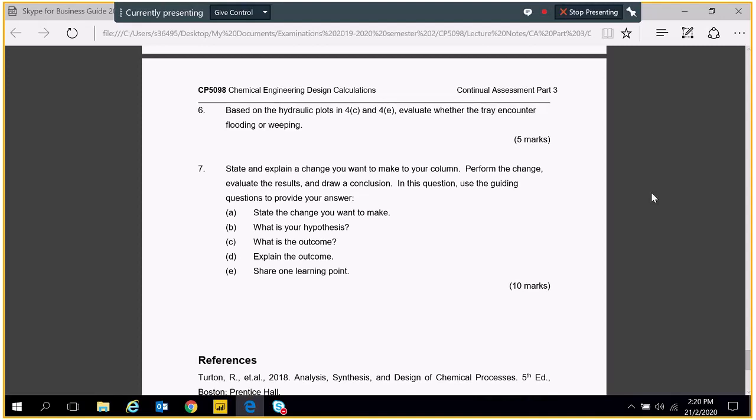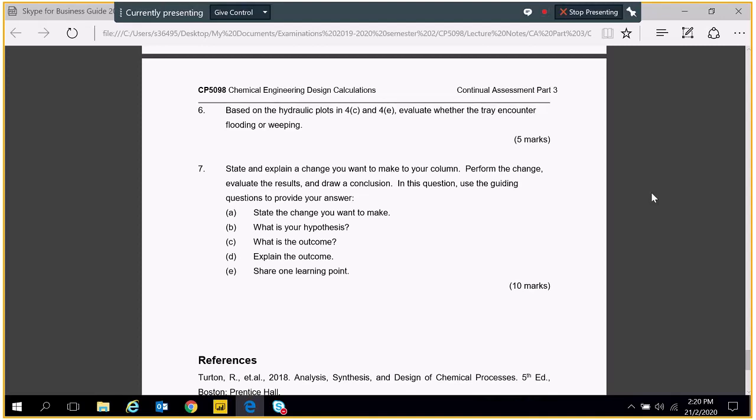And then you explain the outcome. Another example is that you want to change the reflux ratio. You can do that. What's your hypothesis? Increase reflux ratio, distillate flow rate decreases, and therefore the column temperature will decrease.